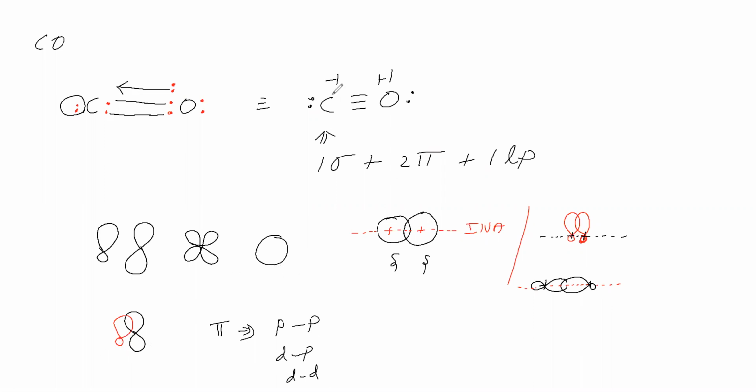Therefore, for saying hybridization, we have to consider this sigma bond and this lone pair. This one sigma, one lone pair means totally 2 electron pairs. 2 electron pairs means give one to s, give one to p. Therefore, sp hybridization for this carbon. So in carbon monoxide, carbon hybridization is sp.